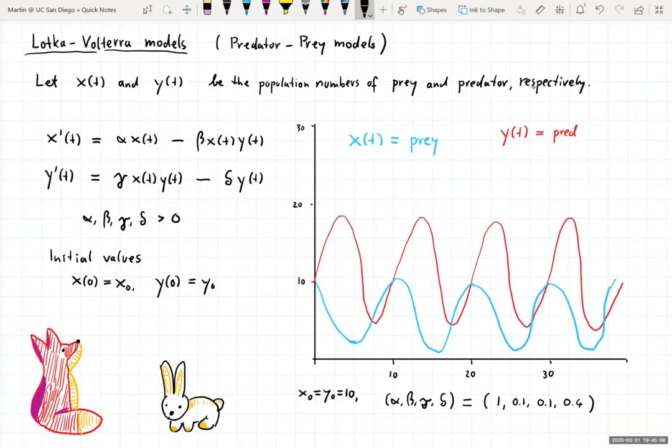They just experience exponential growth if it weren't for the predators. The second term models that the more predators there are and the more bunnies, the more population loss of the bunnies. So in some sense, the number of bunnies being caught by foxes is proportional both to the number of foxes and the number of bunnies.